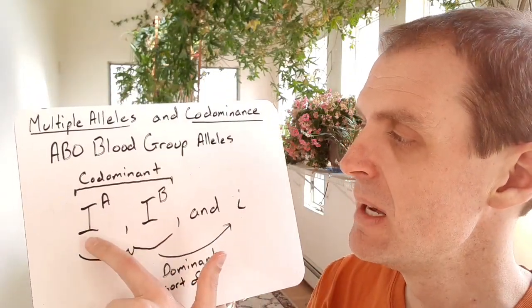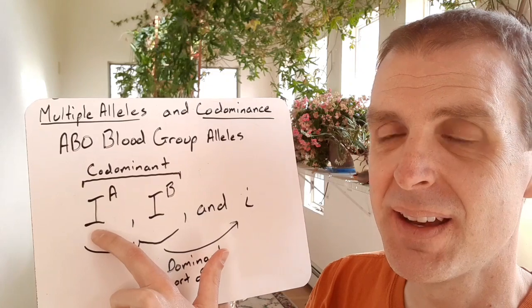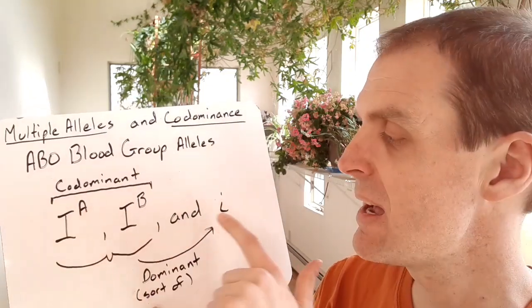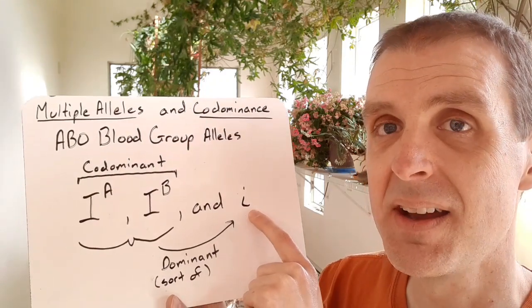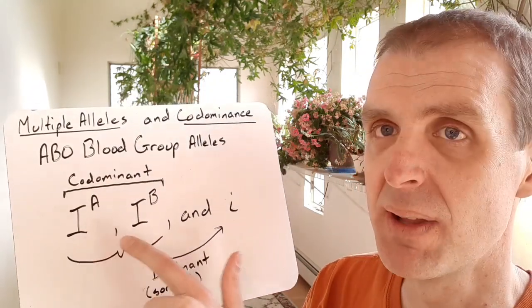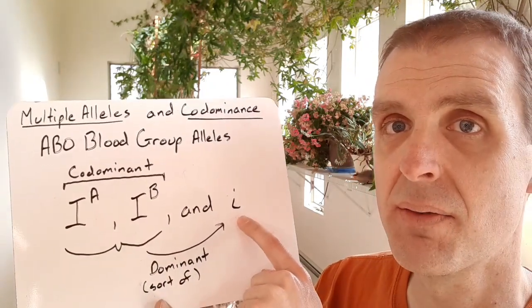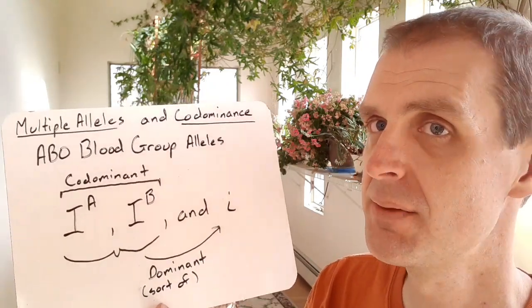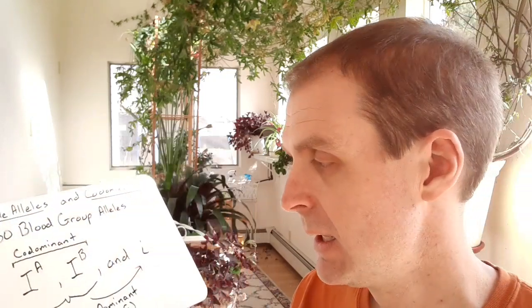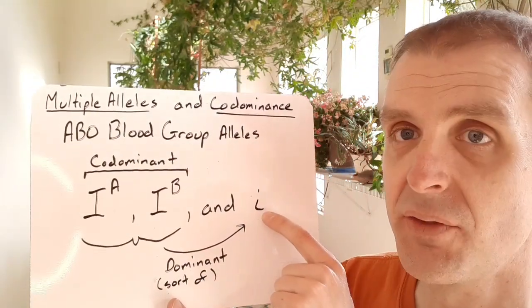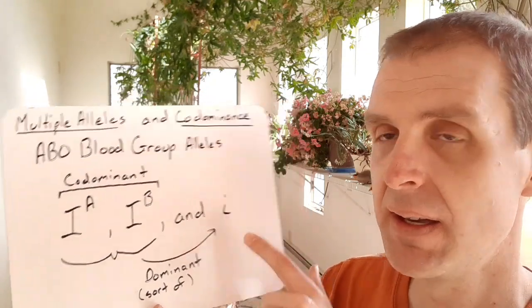And so if you have capital I superscript A with a lowercase i, you end up with type A blood, because this is going to be expressed and this doesn't do a thing for you. And so you have type A. Anyway, one final variation on that is that if you have both lowercase i, then that's blood type O. All right.